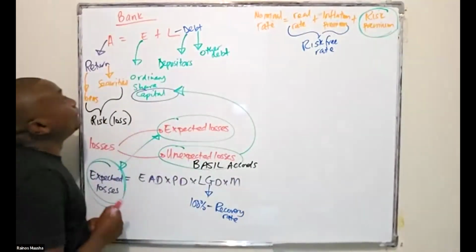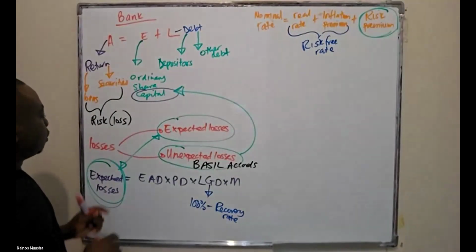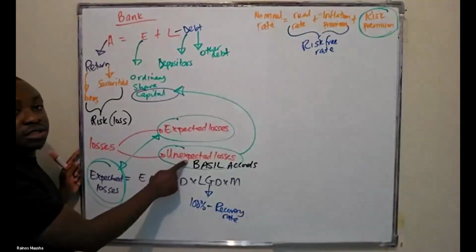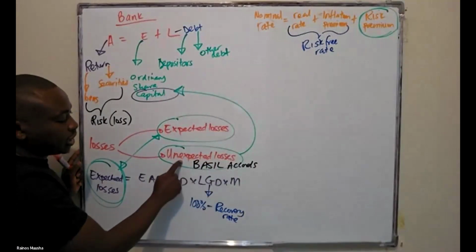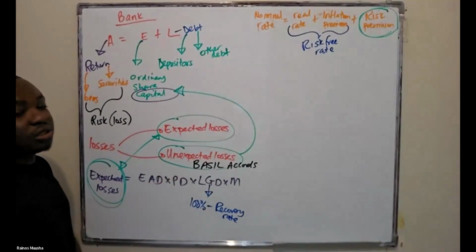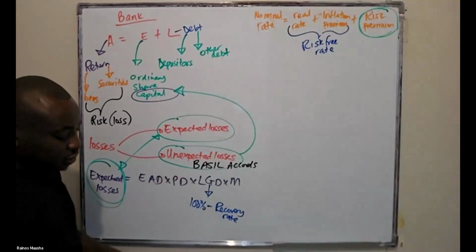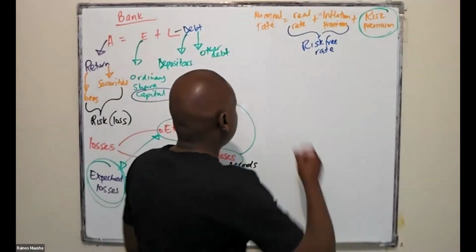Remember, we said that to cater for unexpected losses, we need to use the Basel Accords. Based on the Basel Accords, we're going to cover this later as well.